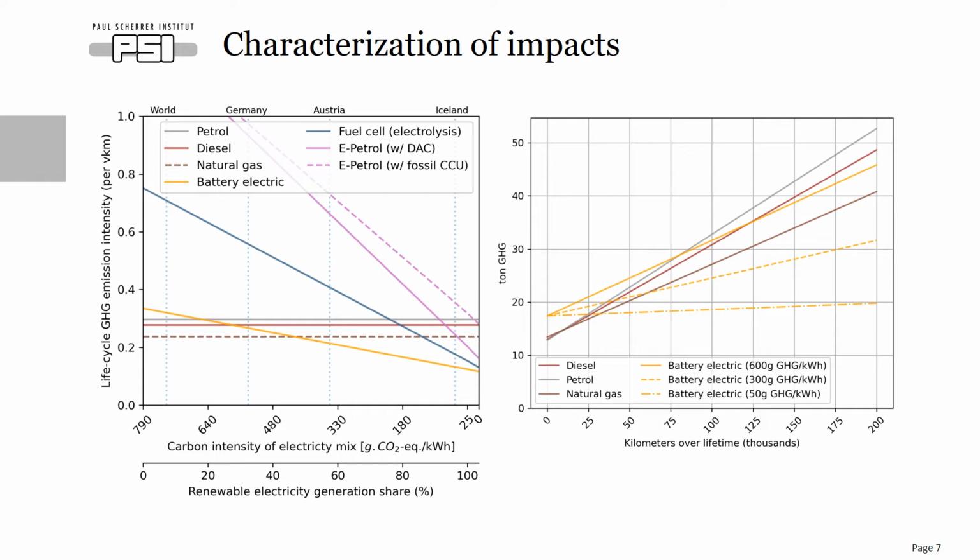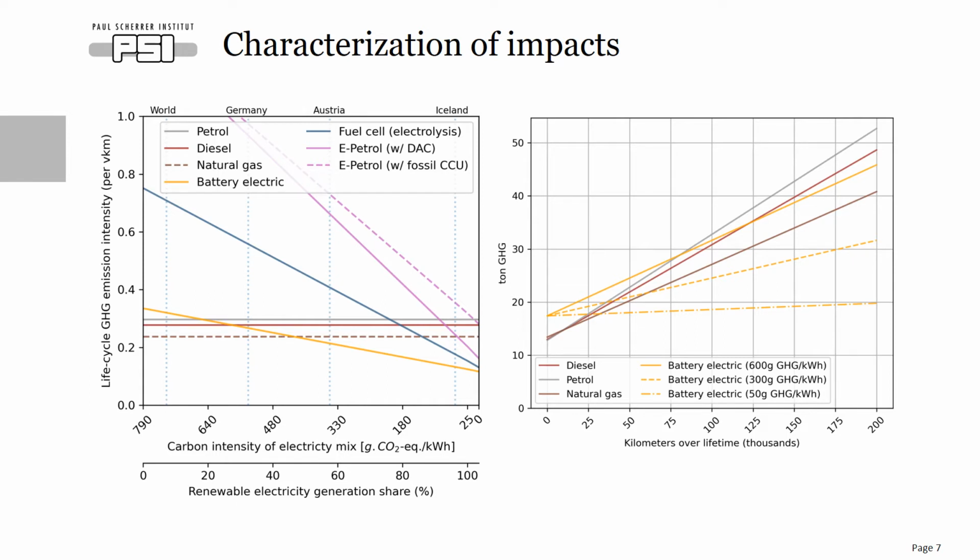So basically, we have a few horizontal lines, which are our fossil fuel vehicles, for which the life cycle greenhouse gas emissions are rather insensitive to how carbon intensive the electricity is. And then we have battery electric and fuel cell cars, which are, on the opposite, very sensitive to the carbon intensity of the electricity.